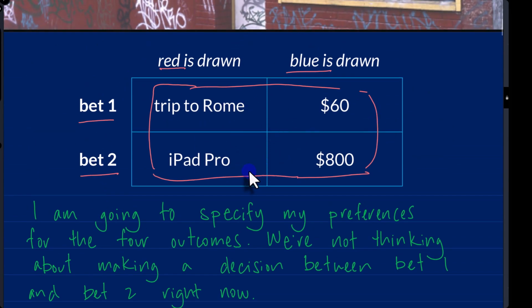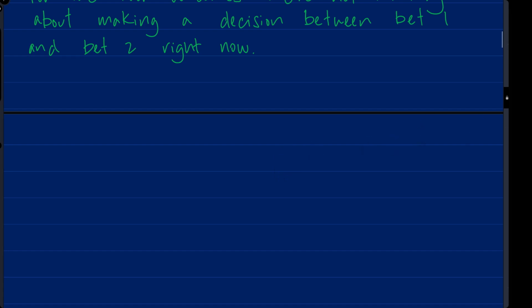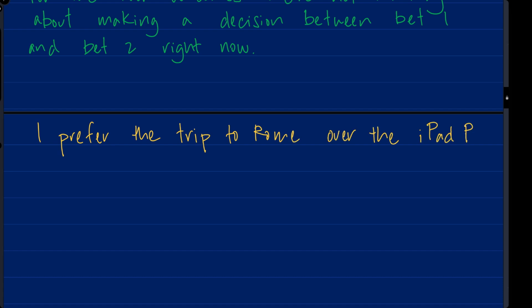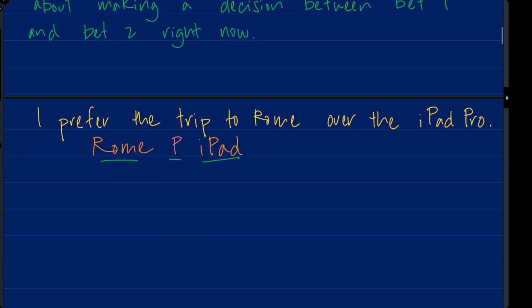Okay, so given these four outcomes, let's say that for me, this can be different for you, but for me, I prefer the trip to Rome over the iPad Pro. And we can also write that as Rome P iPad. Okay, the next.